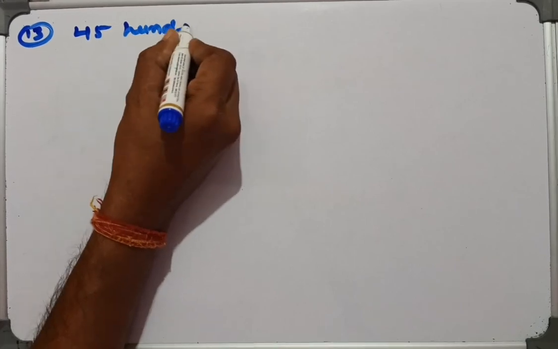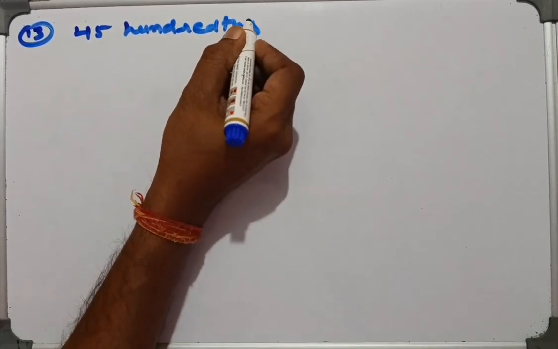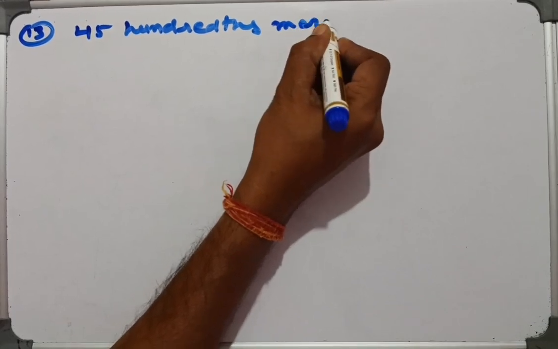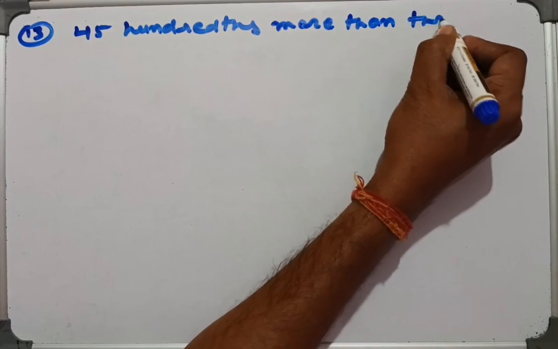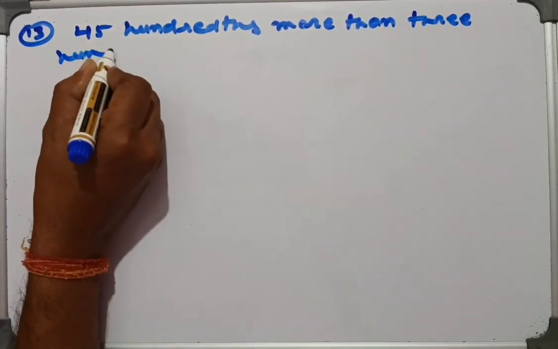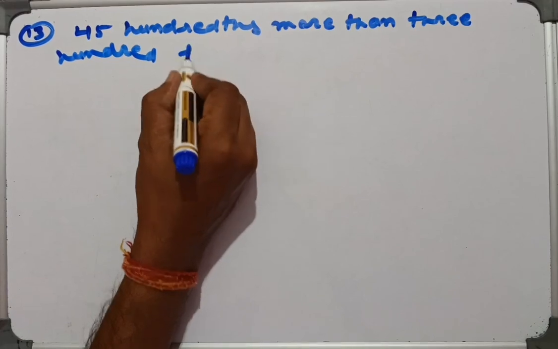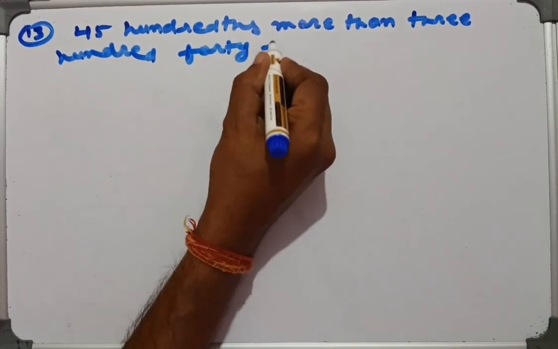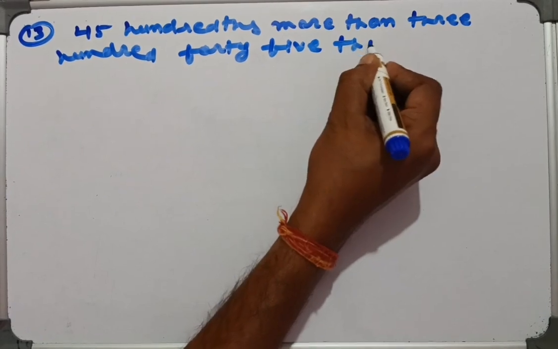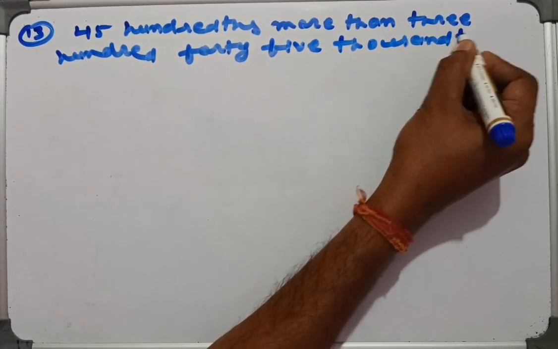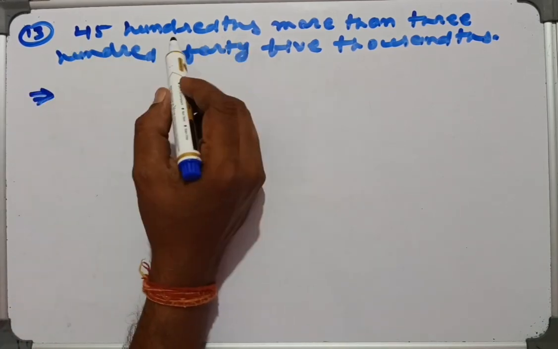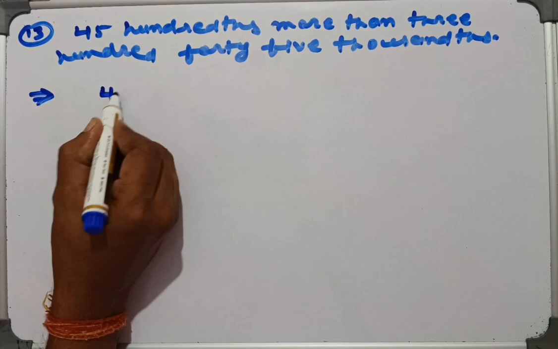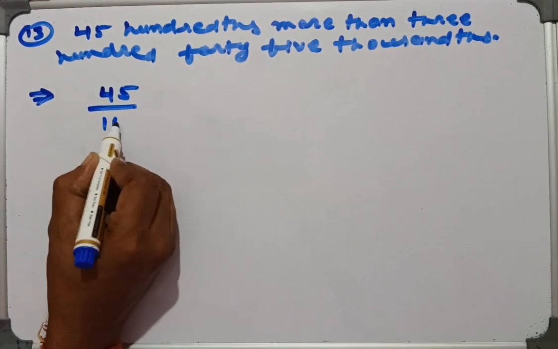Now take another example, 13. 45 hundredths more than 345 thousandths. So the question is asking you to make an addition of this one. 45 hundredths.